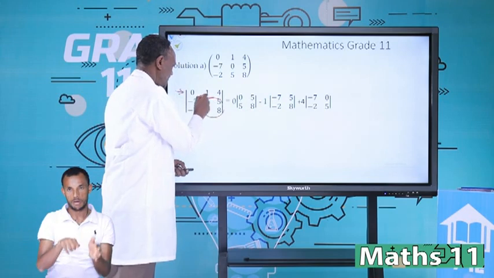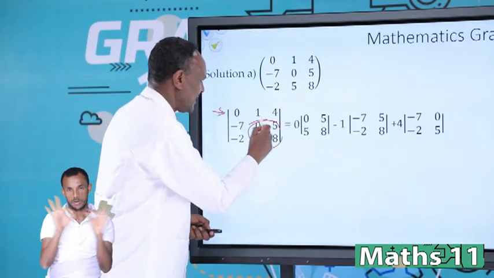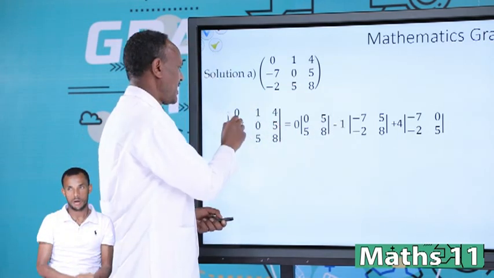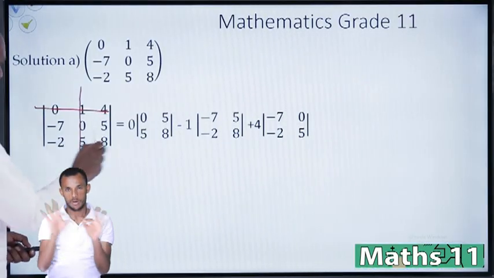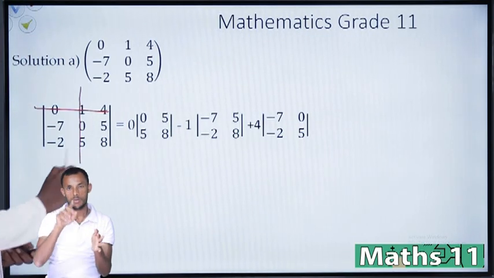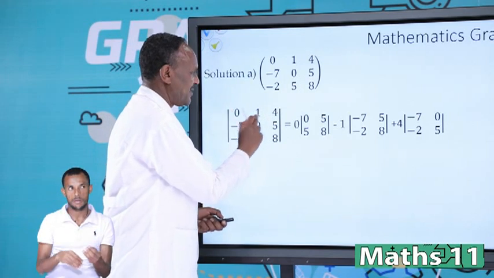Minus, first row crossed with the second column: at their intersection you have the number 1. When first row and first column are crossed, you get the remaining elements, negative 7, 5, negative 2, 8. Again, plus, minus, plus.